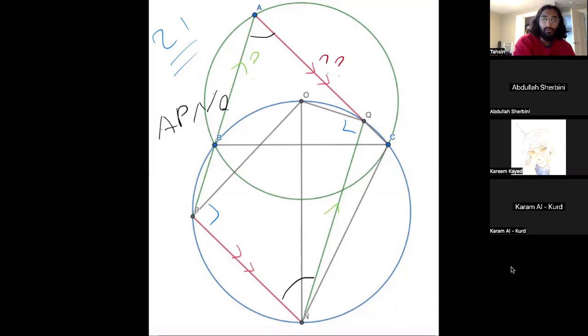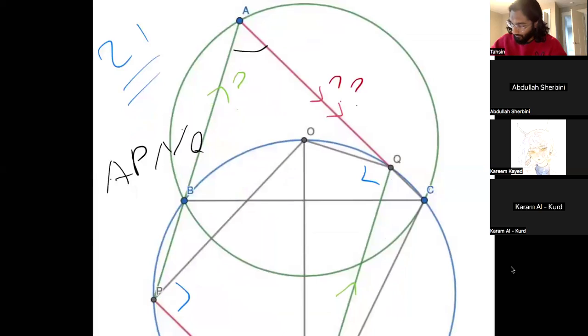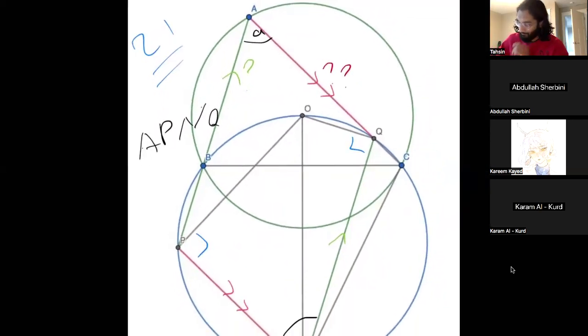One thing I like to do is when there's a triangle already, we can mark some angles. So let's say this is A.